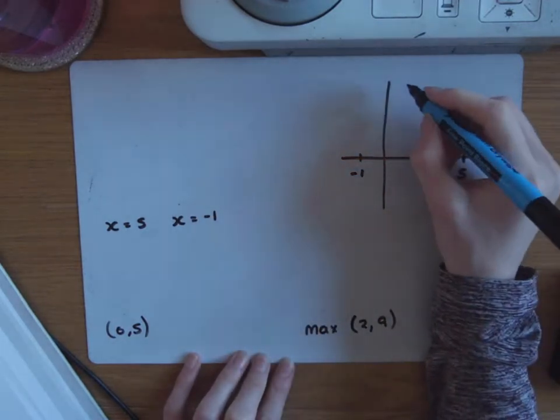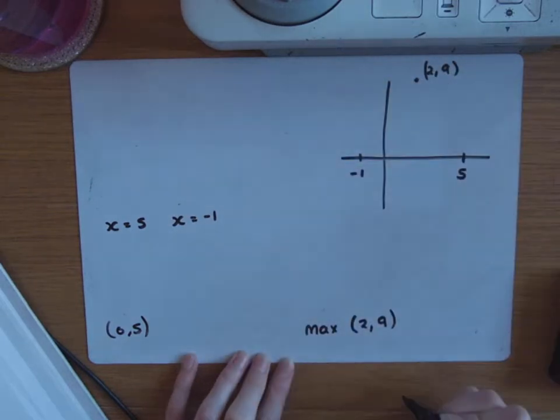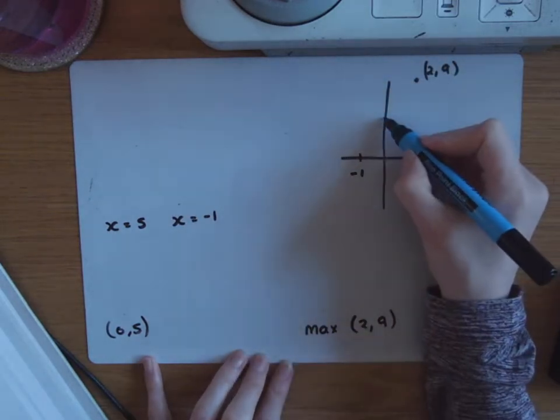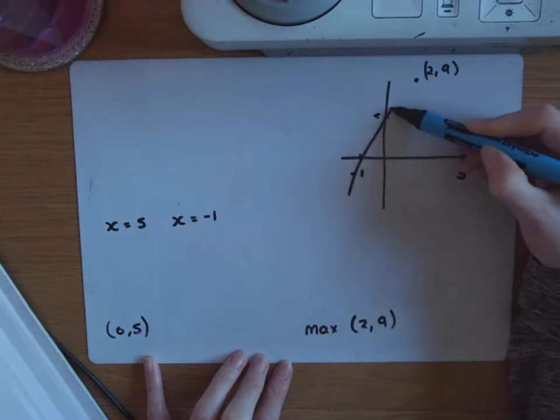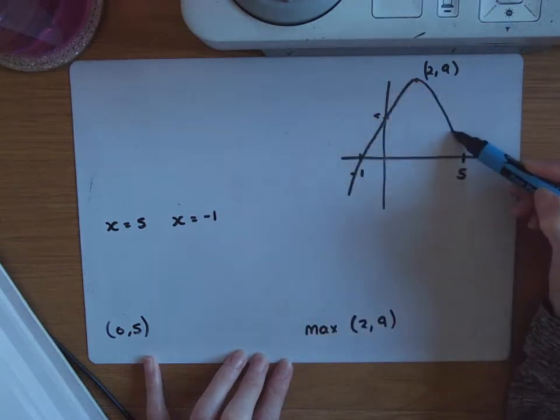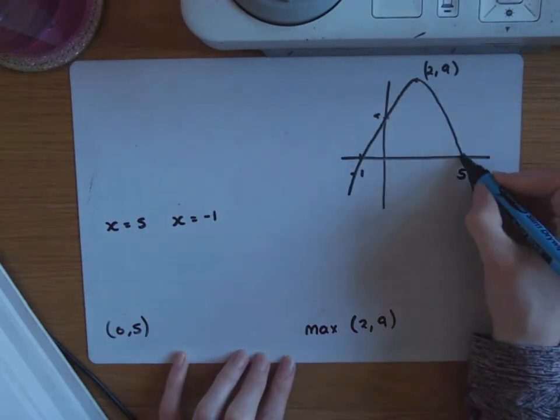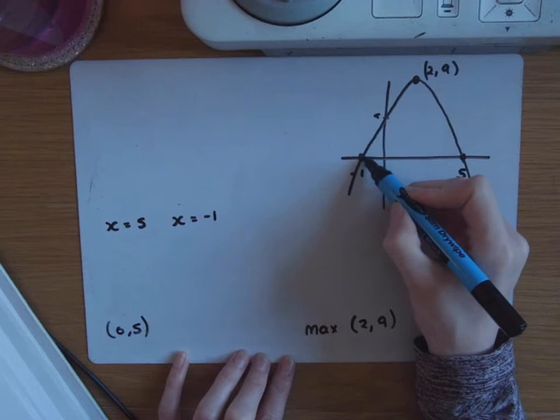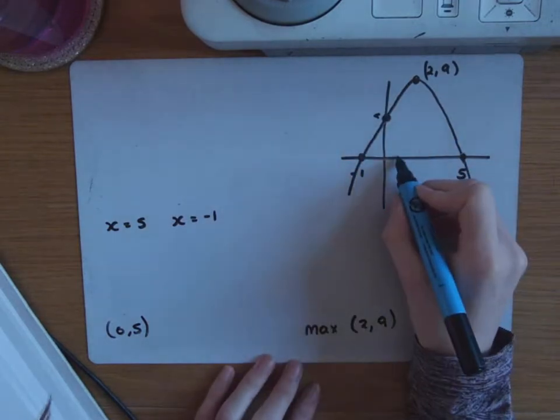I know the max point is 2, 9 and it goes through here at 0, 5. So it's going to look something like that. Make sure this is rounded, a bit more rounded even than I've drawn it. So there's your sketch. You should draw a scale on it, but I'm just being a bit lazy really.